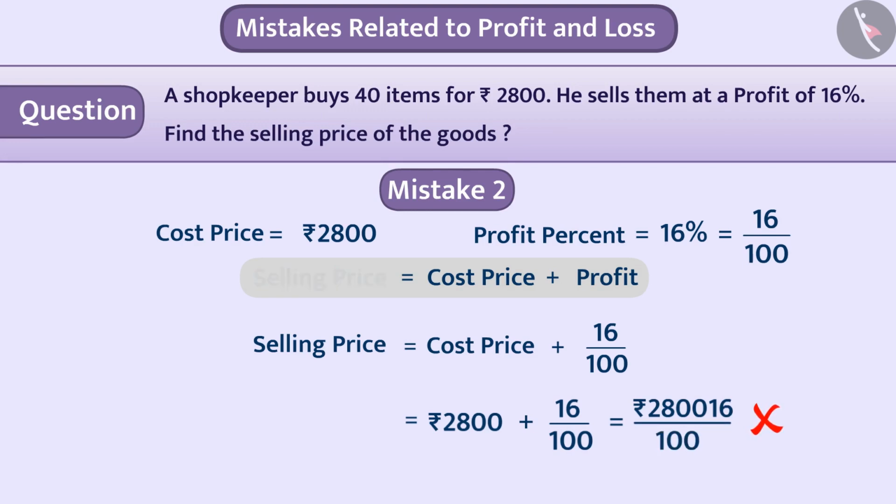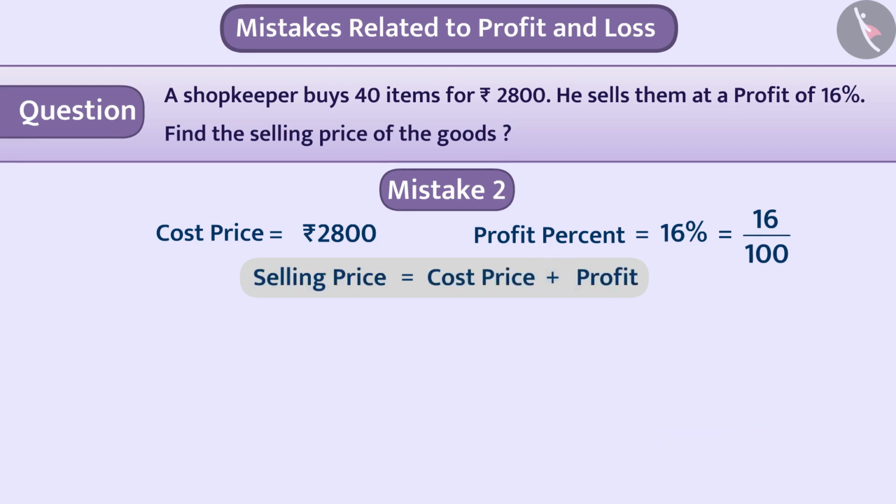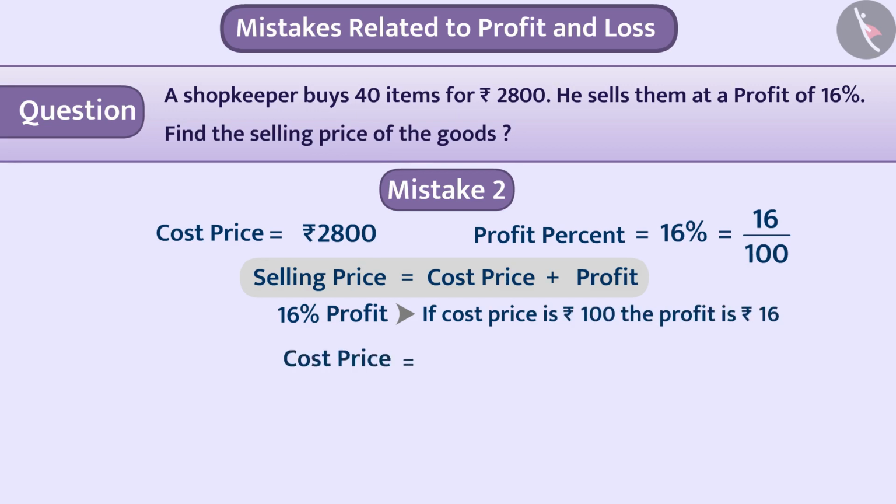Remember, the selling price is obtained by adding the profit to the cost price, so we must convert the profit given in percentage into actual profit. Here, 16% profit tells us that if cost price is rupees 100, then the profit is rupees 16. In this way, we can say that when the cost price is 1 rupee, the profit will be 16 divided by 100.